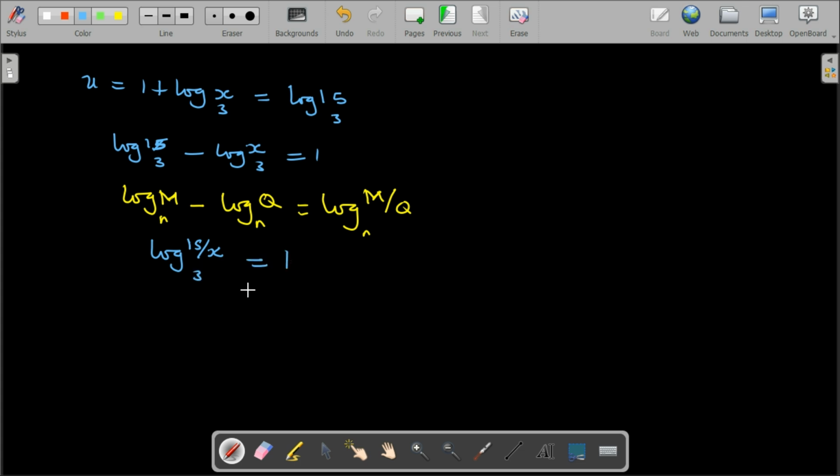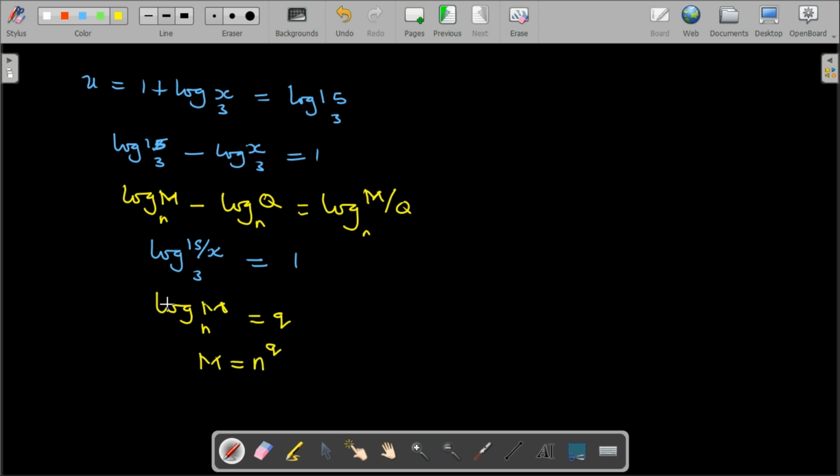Now, also recall the transformation from logarithm to indices. If I have the logarithm of a number, let's say m, to base n equals q, this can be rewritten as m equals n raised to the power of q.